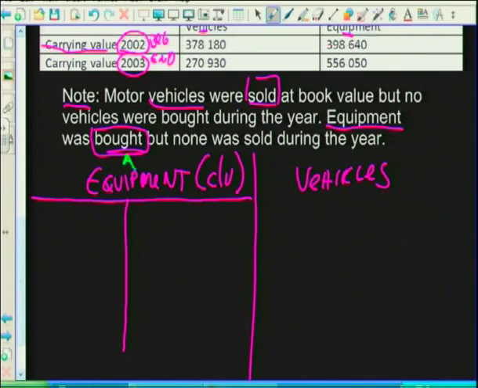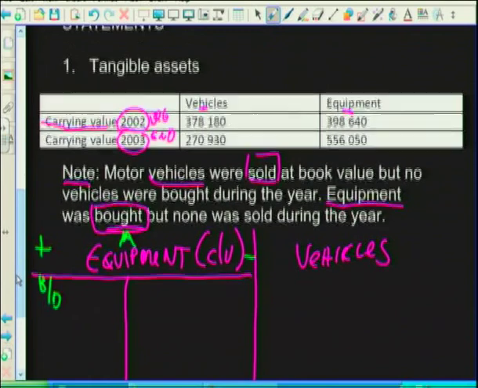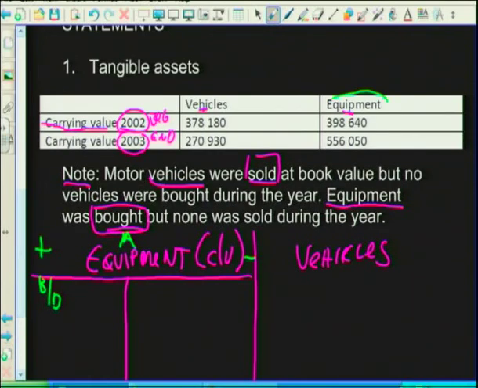Equipment is an asset, so remind yourself, an asset increases on the debit side, decreases on the credit side. At the beginning of the year, my brought down balance, I'm looking at equipment. My equipment had a carrying value of 398,640.